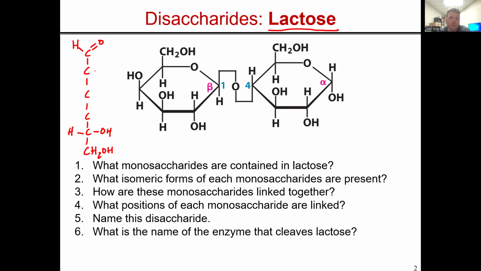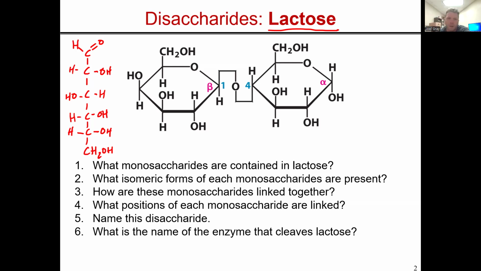For me, the way that I remember glucose is right, left, right. I'm putting a hydroxide group on the right-hand side of carbon number 2, left-hand side of carbon number 3, right-hand side of carbon number 4. So I've got H, H, H, right, left, right, and then a hydroxide group on the right-hand side because it's a D sugar.